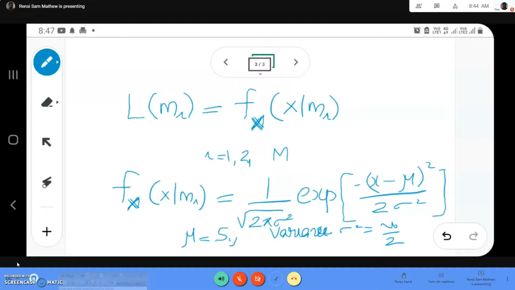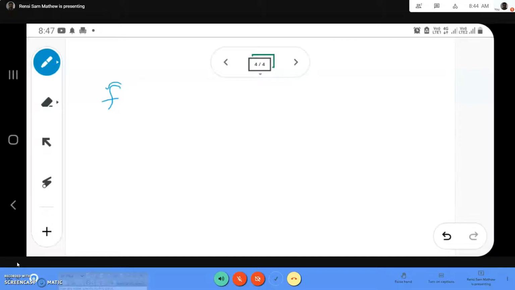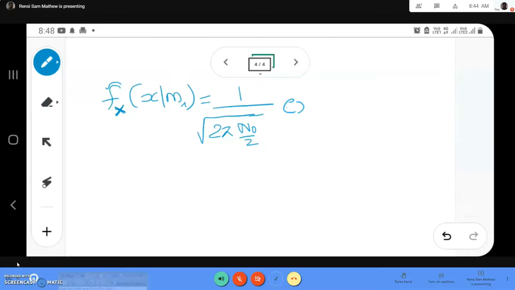Substituting that, f of vector x given mi is equal to 1 by square root of 2 pi into n0 by 2, into exponential of minus x minus s ij the whole square by 2 times n0 by 2.